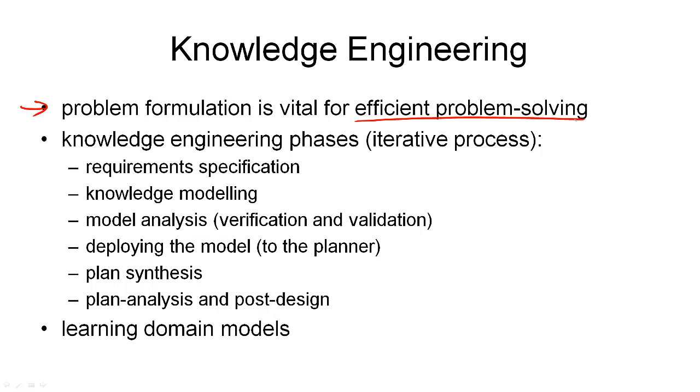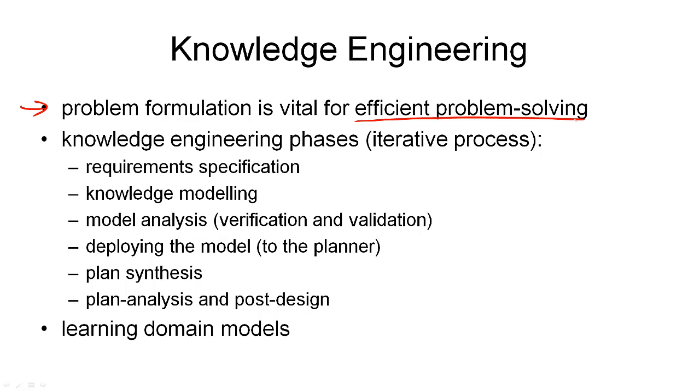But that is only one of the concerns during knowledge engineering. There are others, like how adequate is the knowledge we have represented, or how easy will it be to maintain in the future.